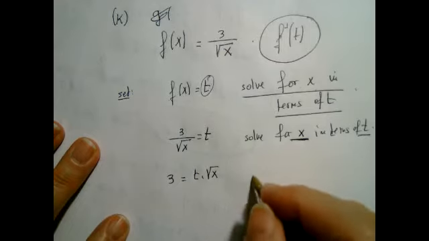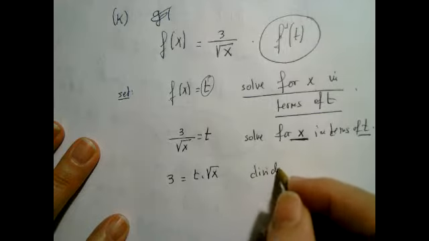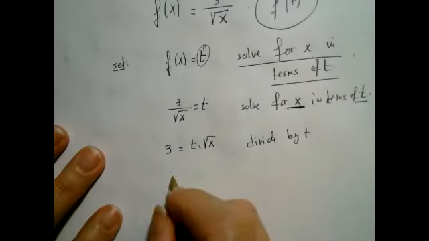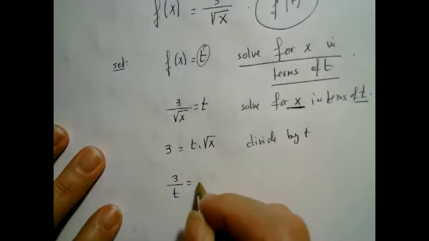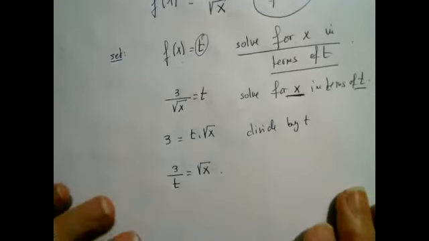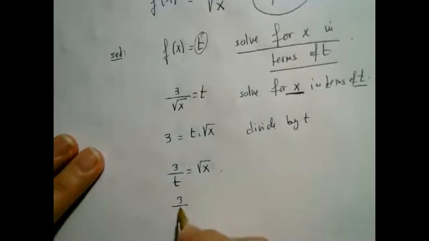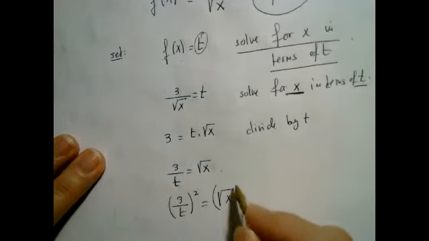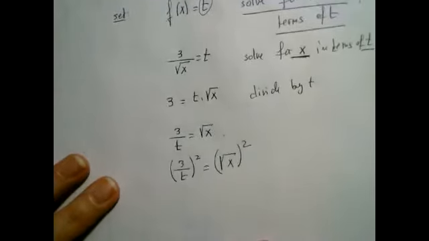So now we're going to divide by t, because that's the one that's not the constant. We keep it in our mind, which gives me 3 over t is the square root of x. Now square both sides. I will get 3 over t, the whole thing squared, is the square root of x squared.